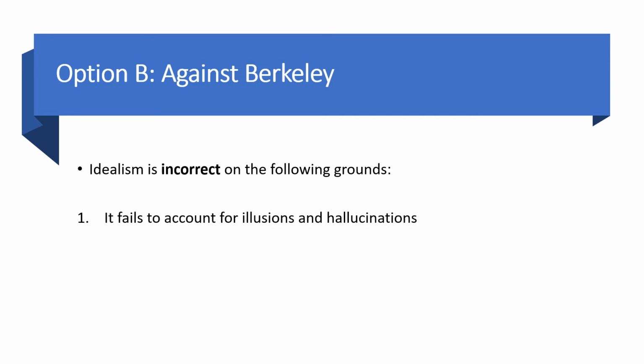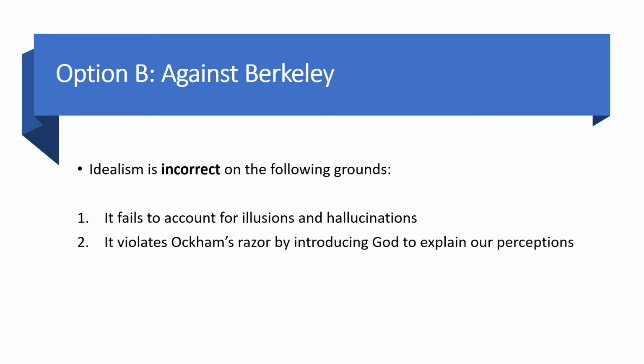So one thing that we could perhaps point to is the fact that he fails arguably to account for illusions and hallucinations. Secondly, perhaps we could actually use Occam's Razor to say that he's not giving us a particularly convincing theory because of his introduction of God into the theory to explain our perceptions. So we could think about Occam's Razor in a different way here, and I'll say more about that in a second.